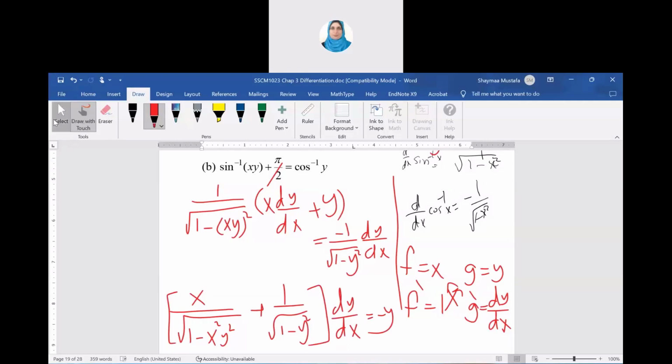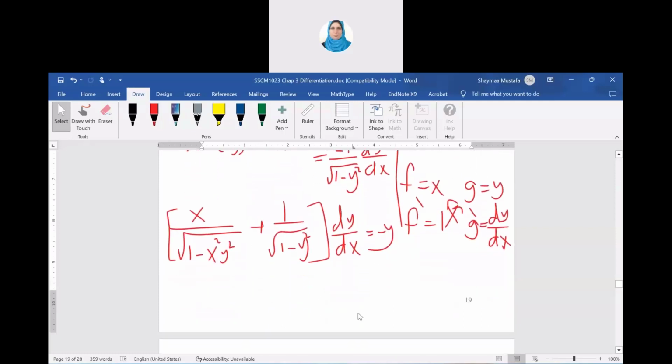Here minus y, I bring it to the right side, so it becomes minus y. And this term is moved to the left side. So now you need to find dy over dx.